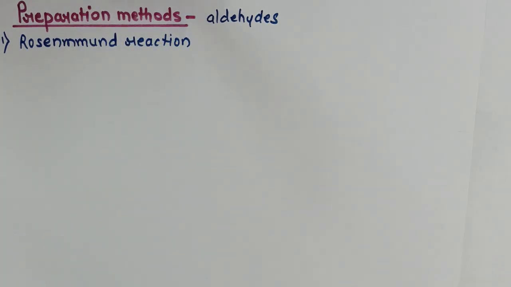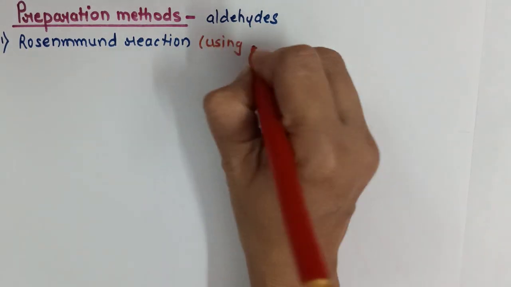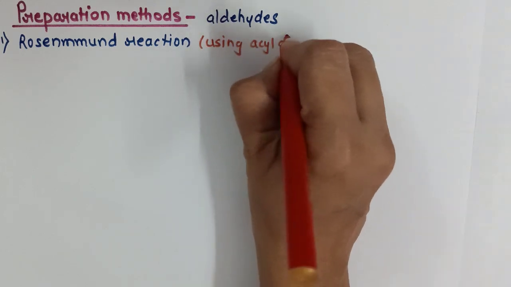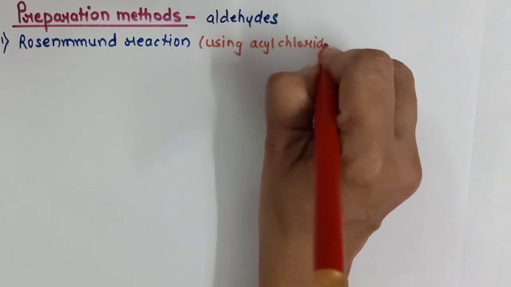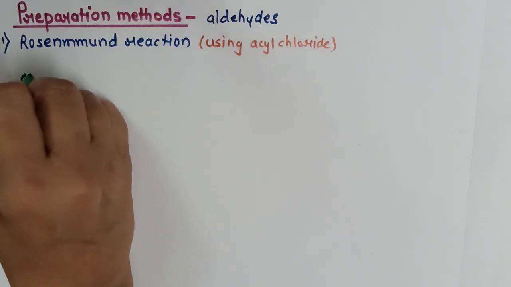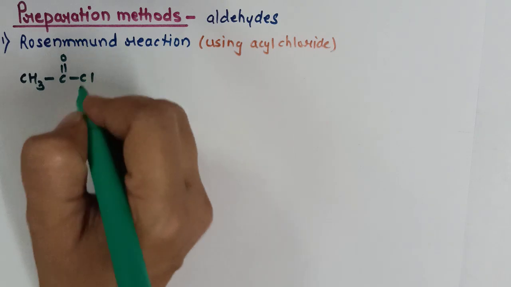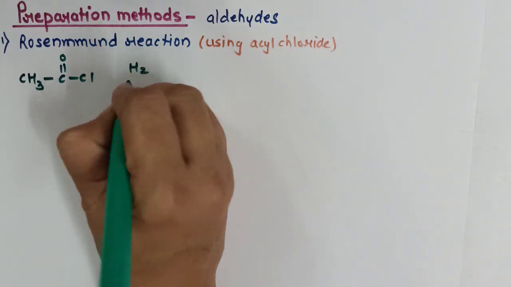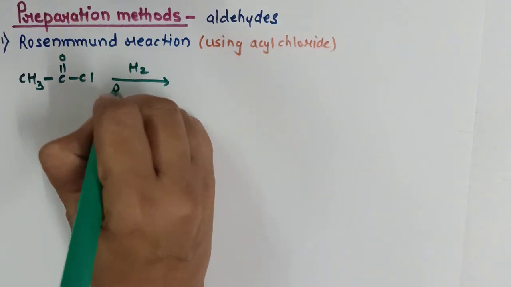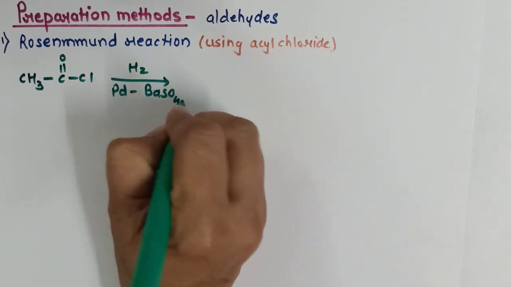and it is generally done by using acyl chloride. All the name reactions are important for you. So in the Rosenmund reaction, acyl chloride, here I have taken the example of acetyl chloride, is treated with hydrogen in presence of palladium and barium sulfate.